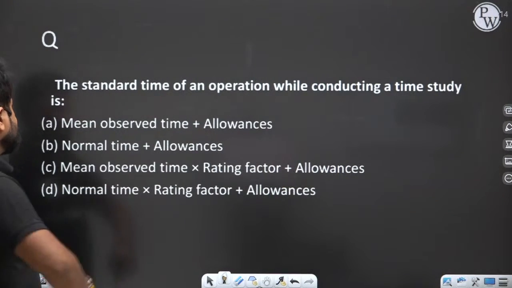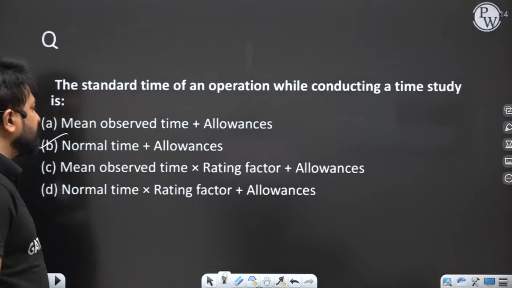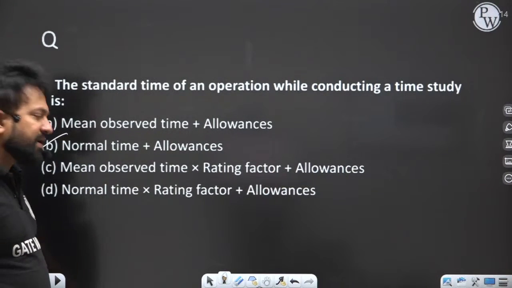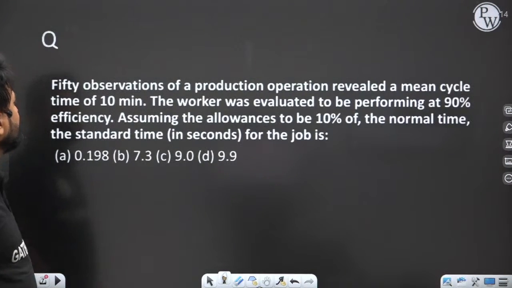So here the answer is B, normal time plus allowance. Now next question.